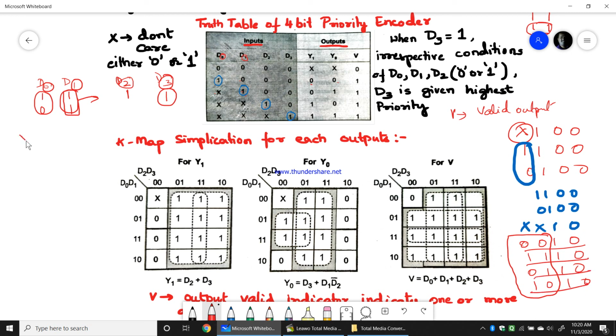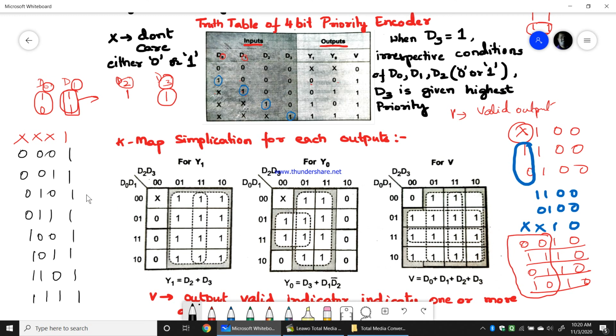Similarly this x x x 1 can take 8 values: 0 0 0 1, 0 1 0 1, 0 0 1 1, 1 0 0 1, 0 1 1 1, 1 1 0 1, 1 0 1 1, 1 1 1 1. Therefore this 1 will remain as it is.